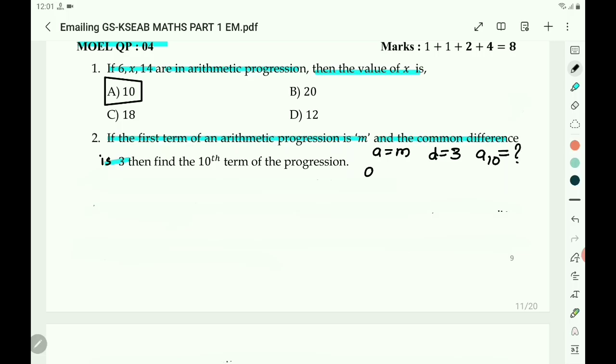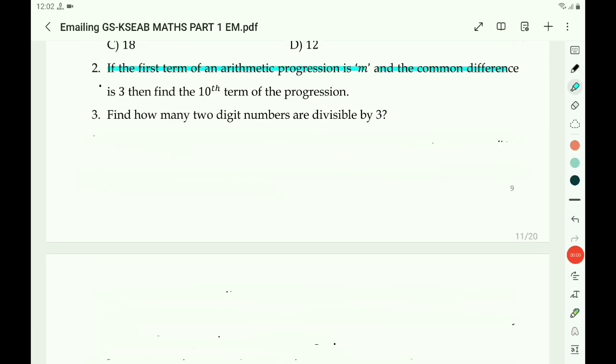Here you know that a10 equals a plus 9d. Where a is the first term given, m plus 9 into d, and d is 3. 9 into 3 equals 27. So the 10th term is m plus 27.